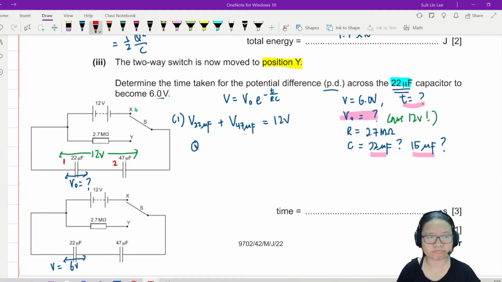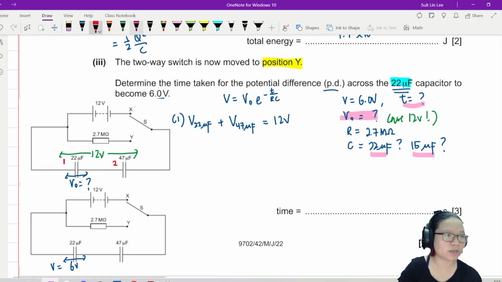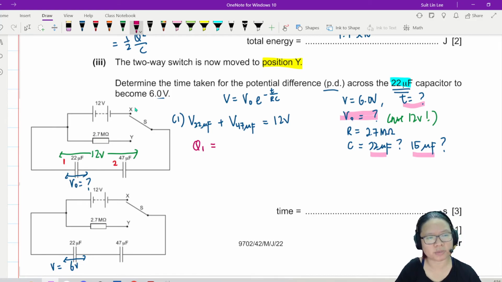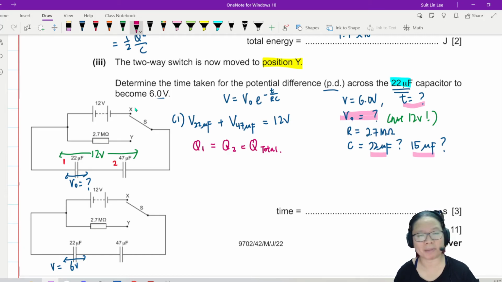So I know that the sum of PD must be 12 volt, but at the same time, I know the charge stored in capacitor 1 will be the same as the charge stored in capacitor 2, which will also be the same as the total charge. Alright, so these are things that we know. So capacitors in series share potential difference, and the charge is the same.